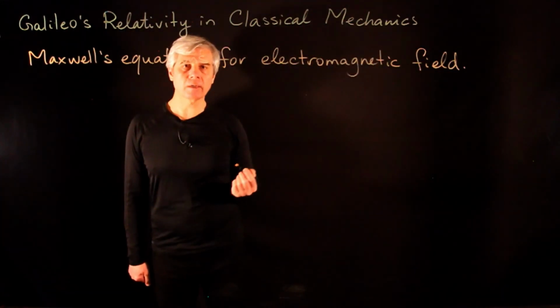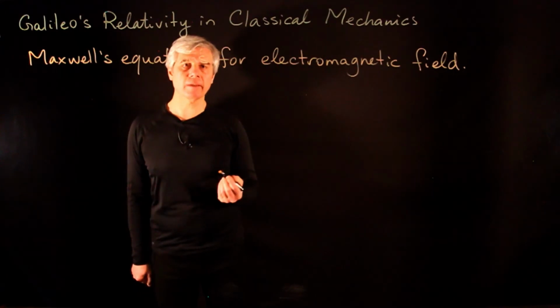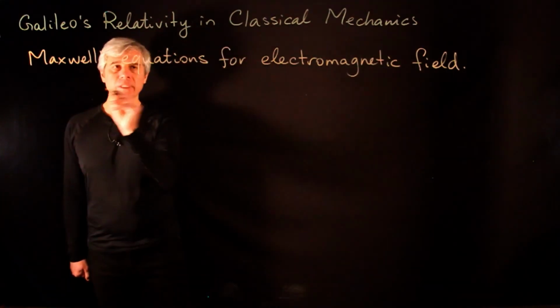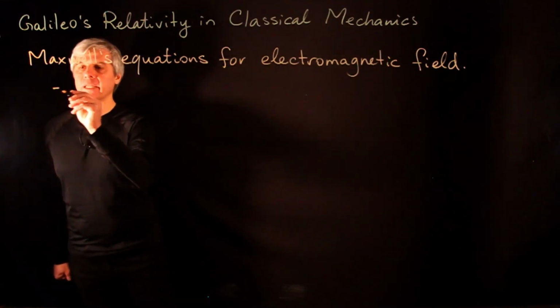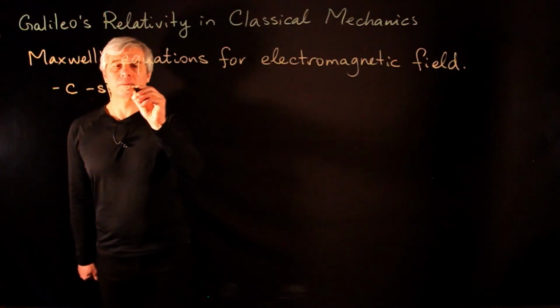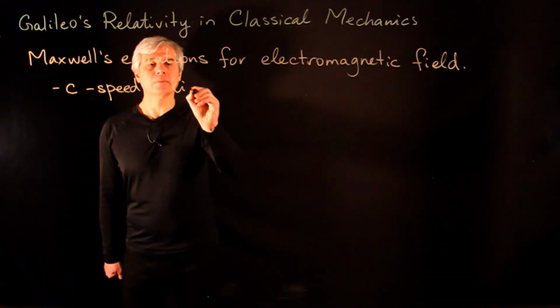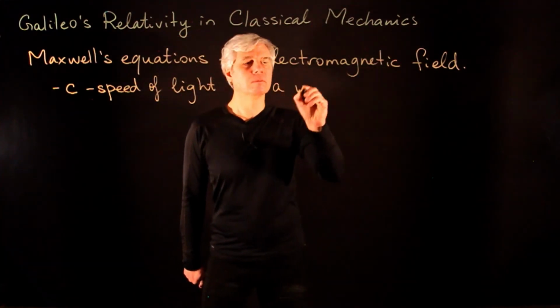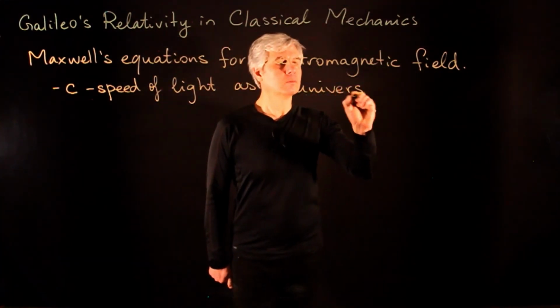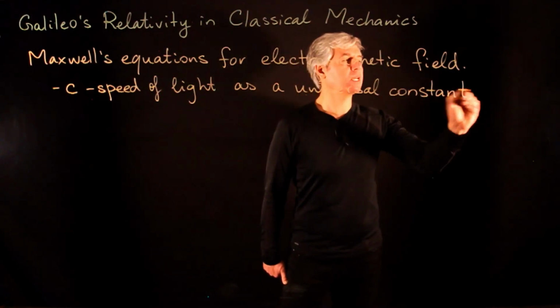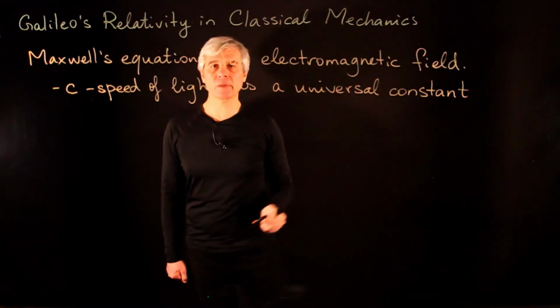And in particular, it was realized that light is an electromagnetic wave. Maxwell's equations incorporate c, the speed of light, as a universal constant. So this constant appears explicitly in Maxwell's equations.